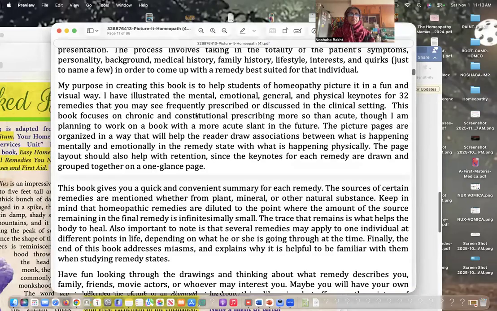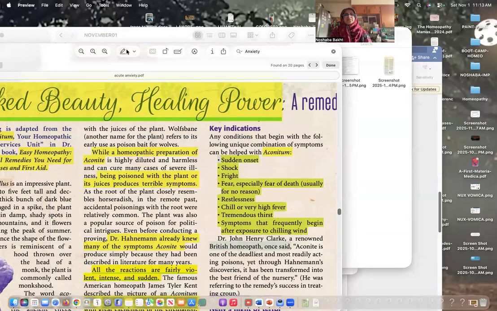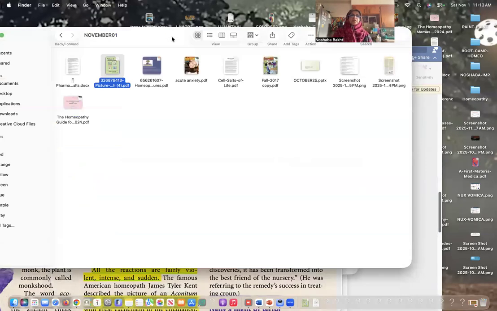How come? Argentum nitricum, anacardium, there's no B. Okay, so this book doesn't have aconite. I think I have a picture copy. Anyone has any question?